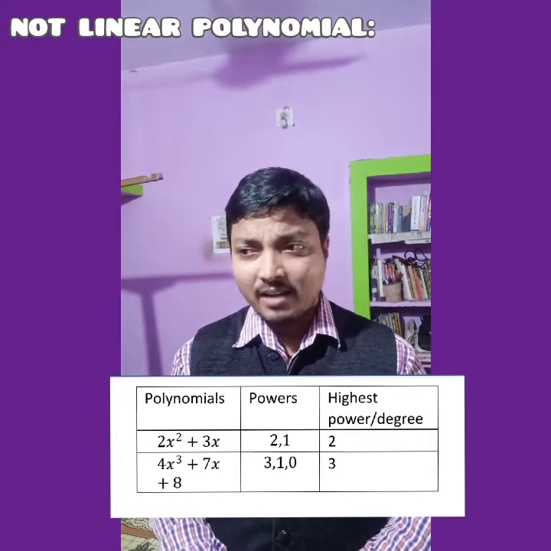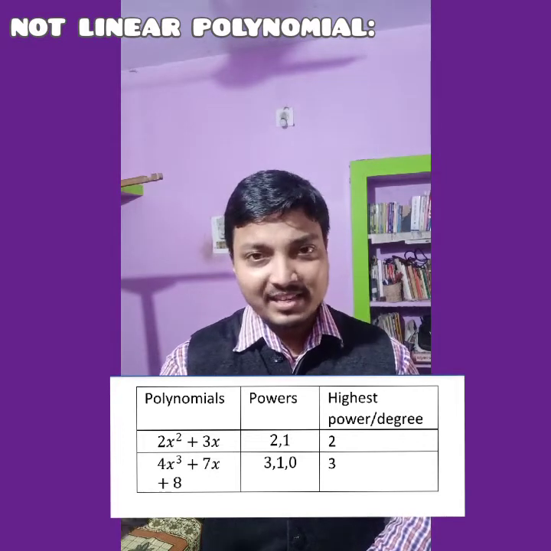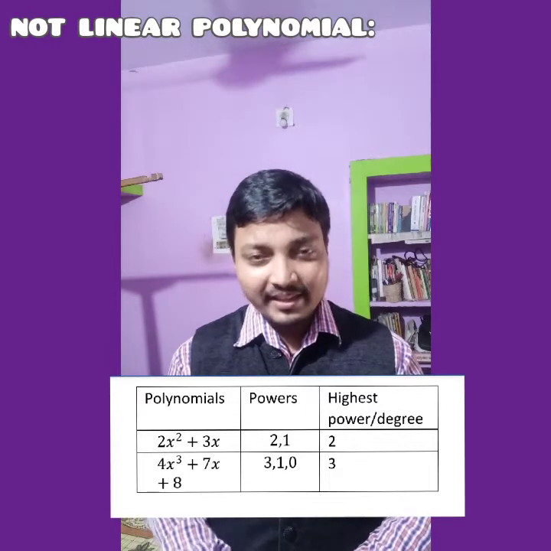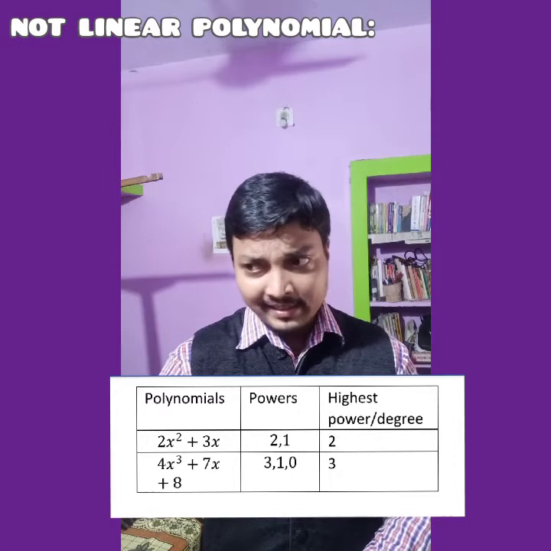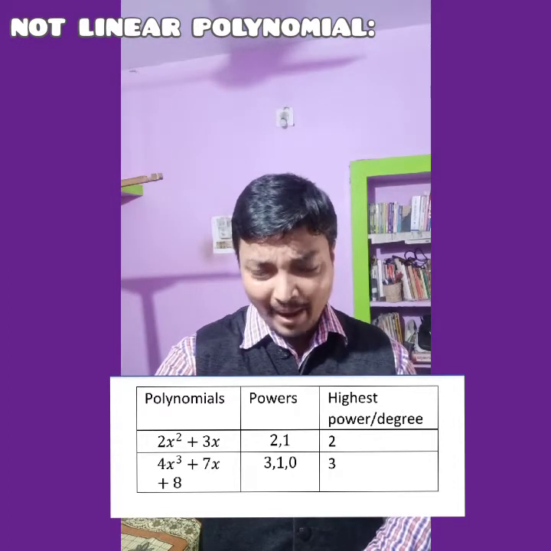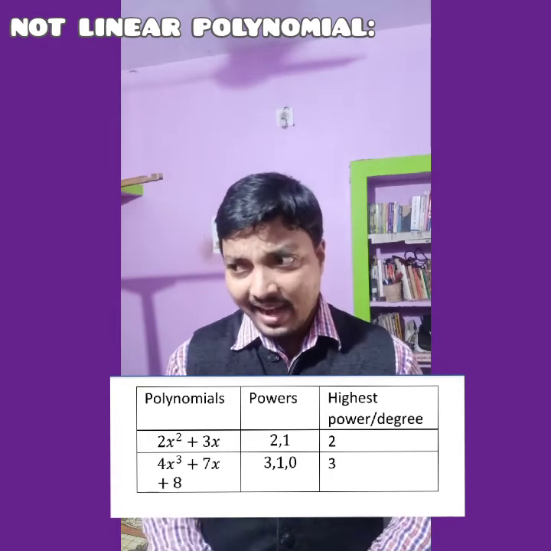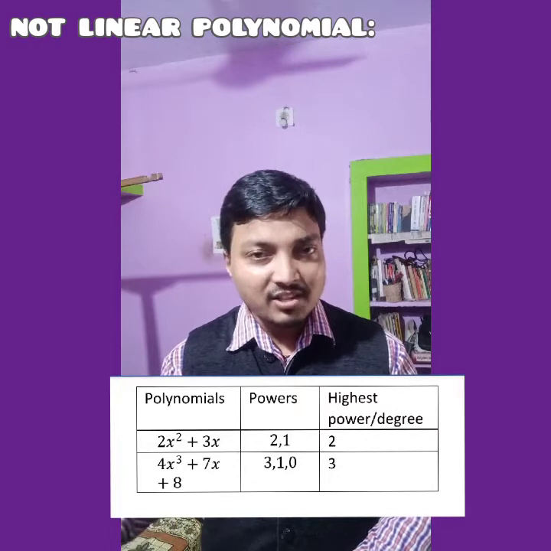Another example I have shown is another polynomial, 4x cube plus 7x plus 8. It has three terms. In the first term, the power is 3, in the second term the power of x is 1, and in the third term the power of x is 0, as it is the constant term.